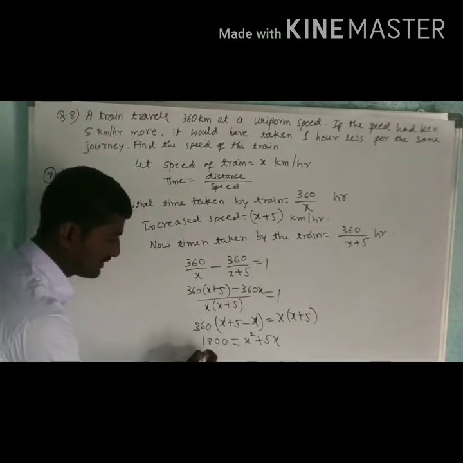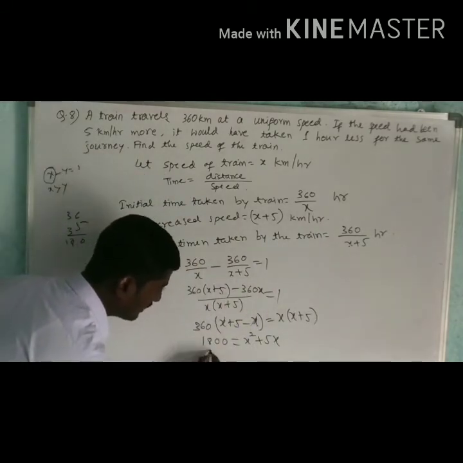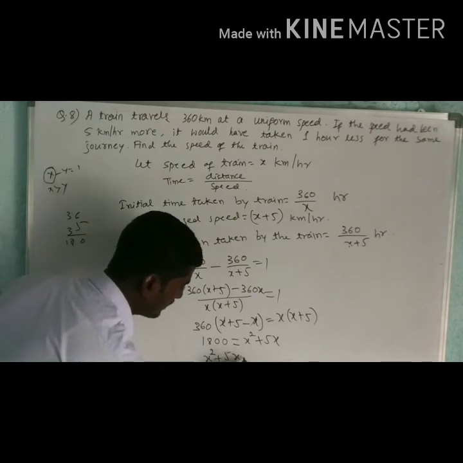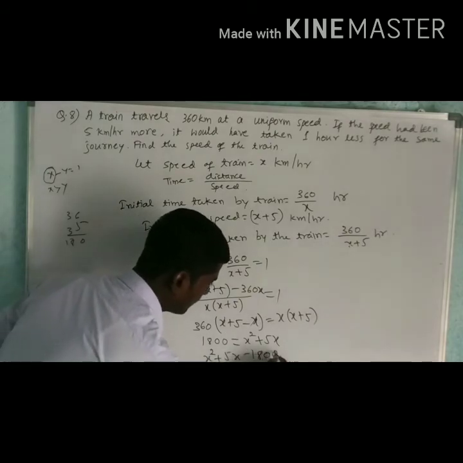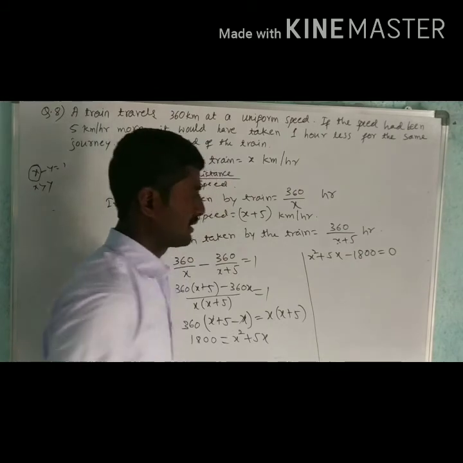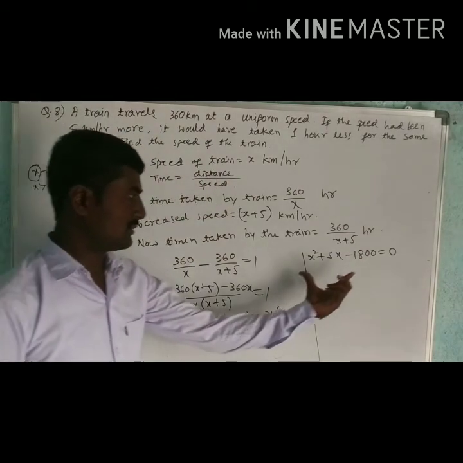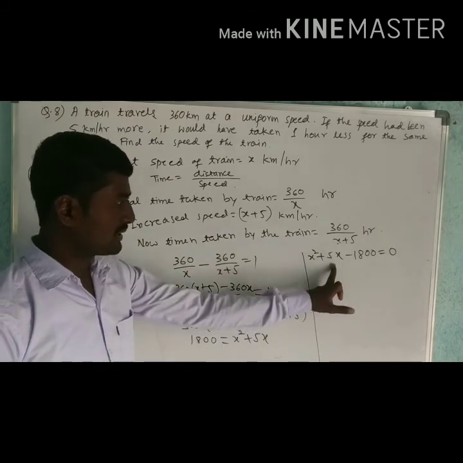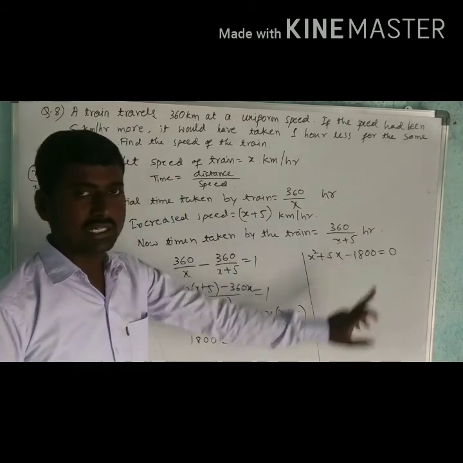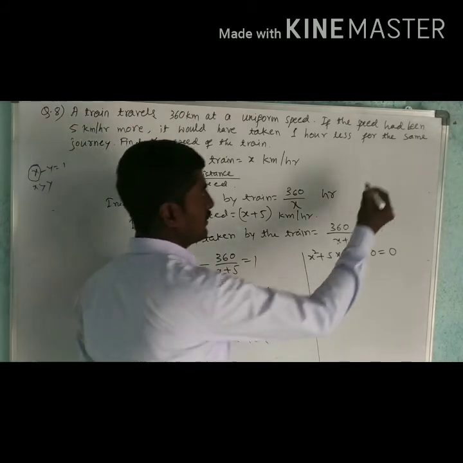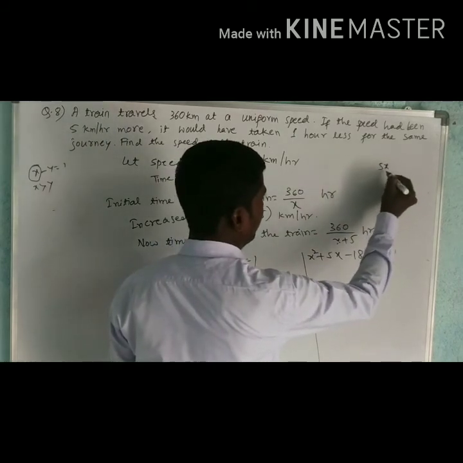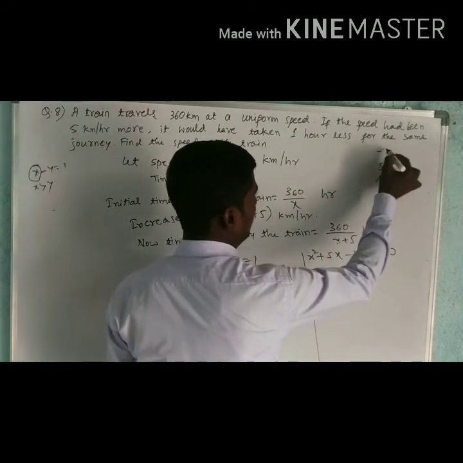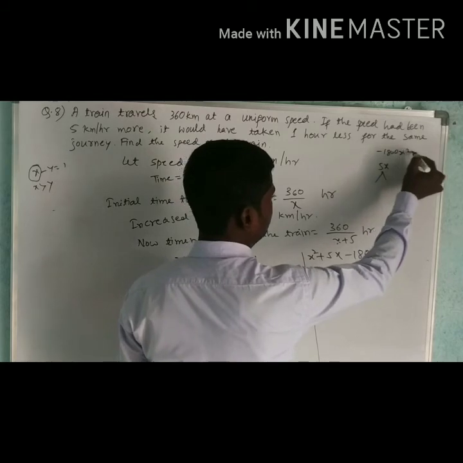Now I have to take this to the right. x square plus 5x minus 1800 is equal to 0. Now we can solve this by factorization. I will follow: the difference is 5, and the product should be 1800. So 5x, I can write this as minus 1800 x square.